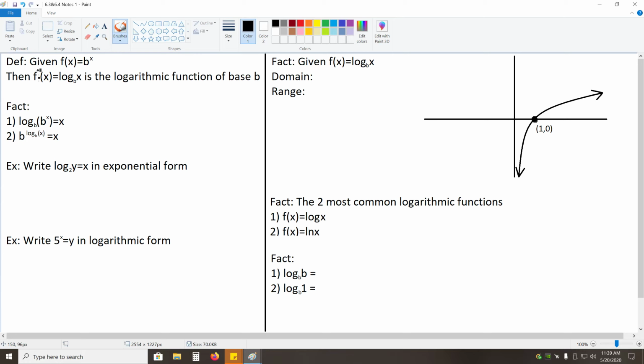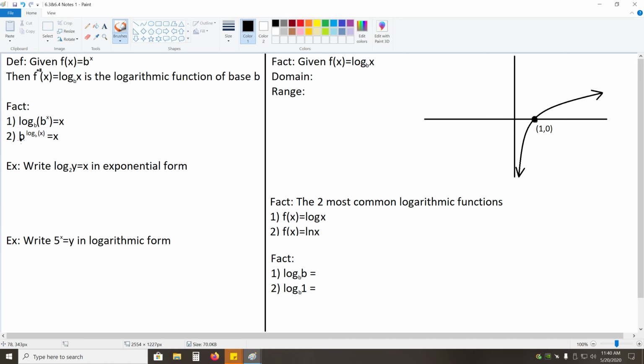Okay, so just to clear up what that's saying, if you're given an exponential function, then the logarithmic function is its inverse. So what must be true if that's the case? Well, if you take log base b and you plug b to the x into it, then the result has to equal x.